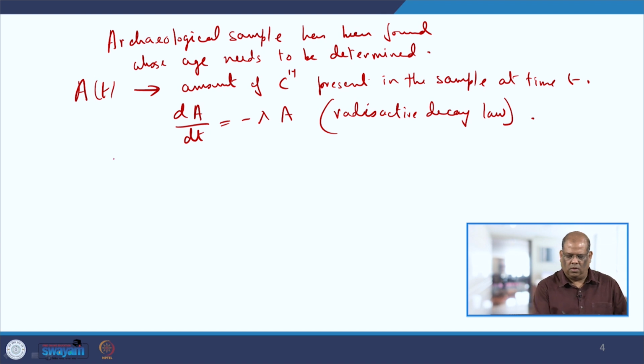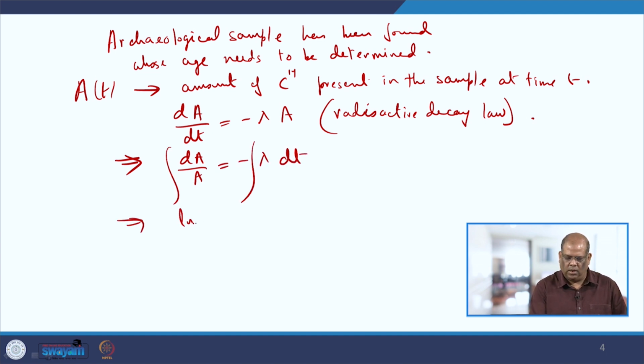Now, this is quite easy to solve. You separate the variables, dA/A equal to minus lambda dt, and integrate both sides. This gives ln A equal to minus lambda t plus some constant, and let's take it as ln A0.